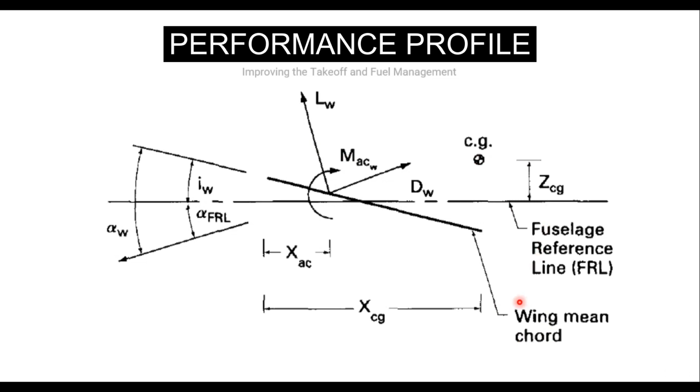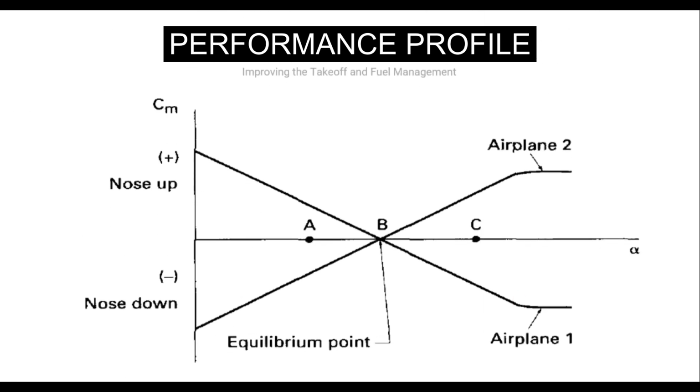If I am loading the aircraft and I start to load the forward cargo more than the aft cargo, moving the CG more forward, is this better or worse for the aircraft? Please let me know in the comments, and I will check all of these answers after we finish.